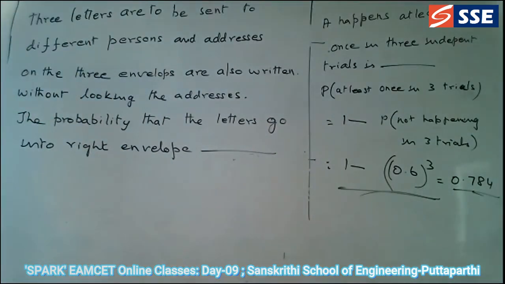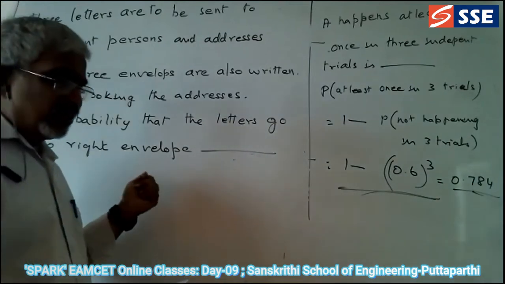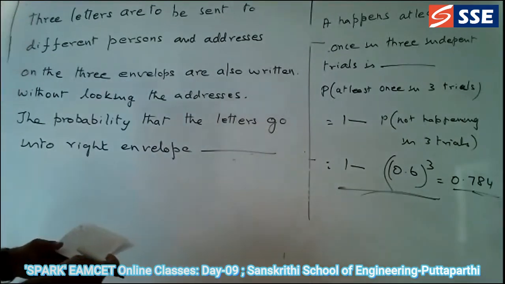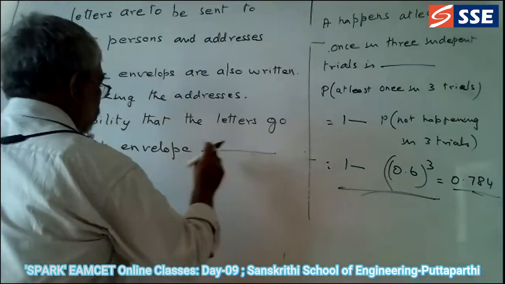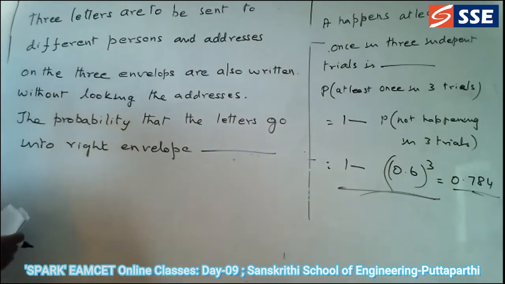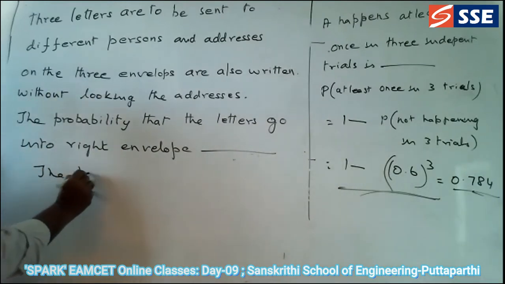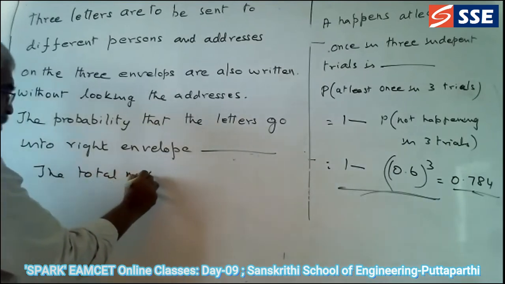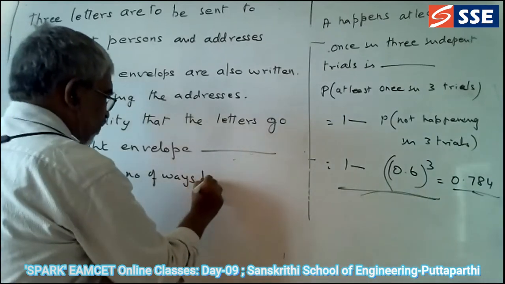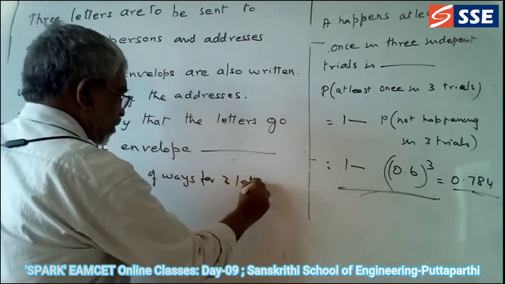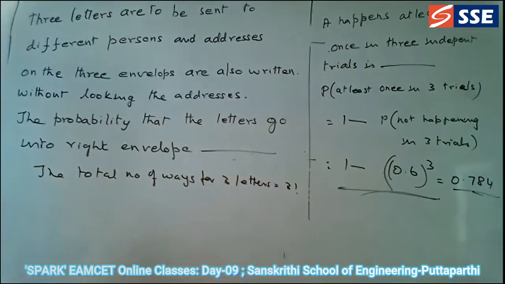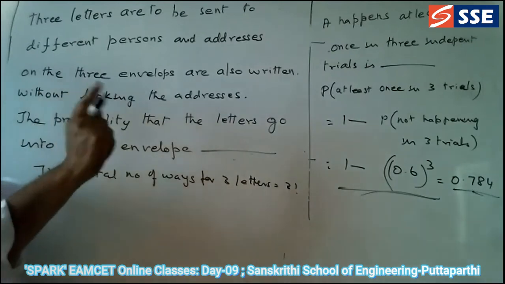So what we have to put? It is equal to the number of favourable ways divided by the total number of ways. That's what we have to find. The total number of ways for 3 letters is 3 factorial, that is 6. So only one way is right. All other ways are wrong.